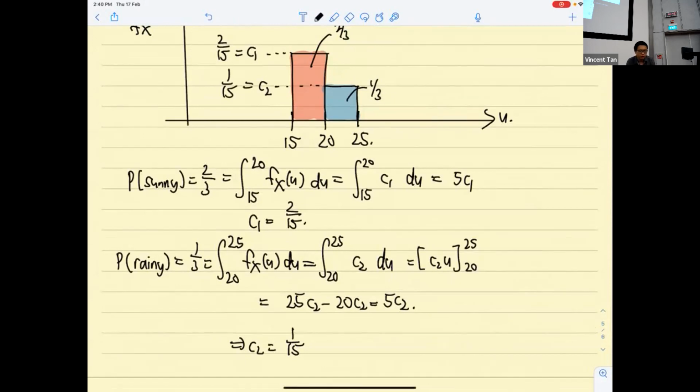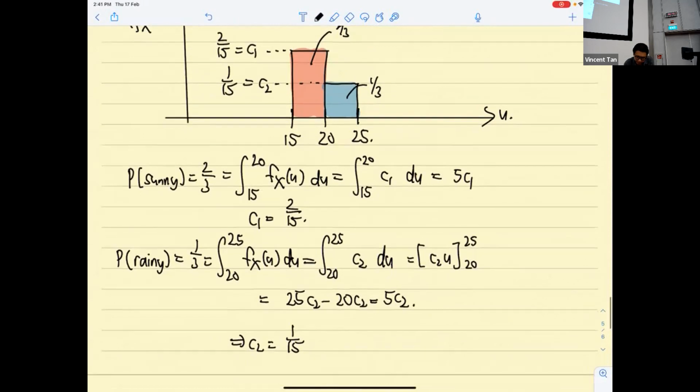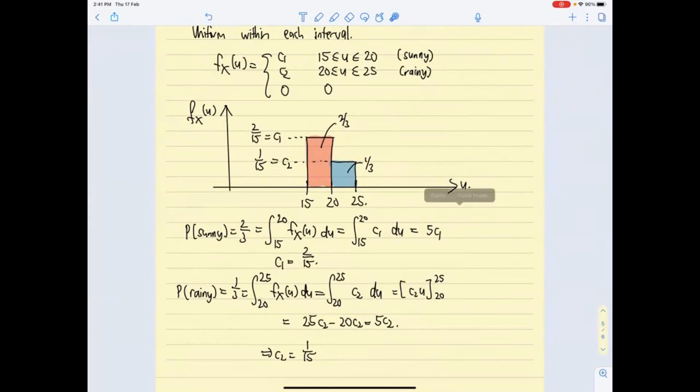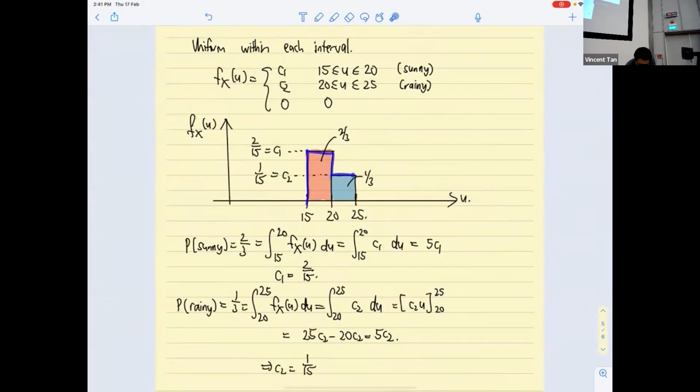So we have completely described the probability density function of Sean's travel time. And if it is rainy, then we will use this portion here. And if it's sunny, we'll use this portion here. All right. Does anyone have any questions here? One thing we need to check is that the total area under this graph should be equal to 1.